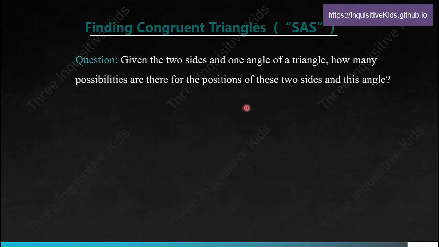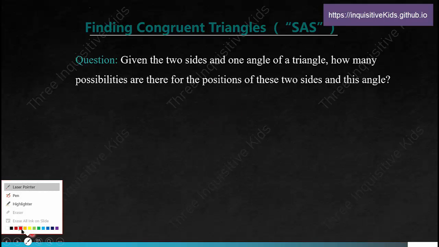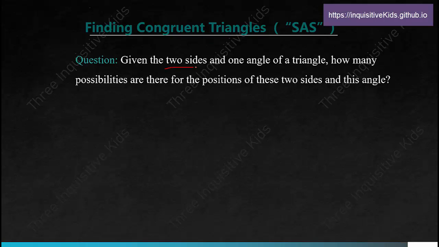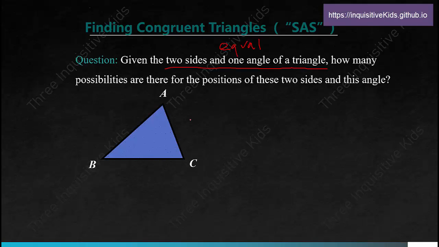Finding congruent triangles, SAS. Question. Given the two sides and one angle of a triangle, how many possibilities are there for the positions of these two sides and this angle? So there's two triangles. We're given two sides and one angle of the triangle that are equal. How many different ways can we put this?